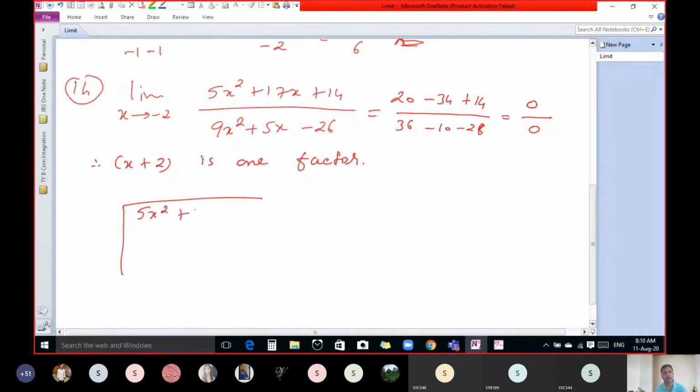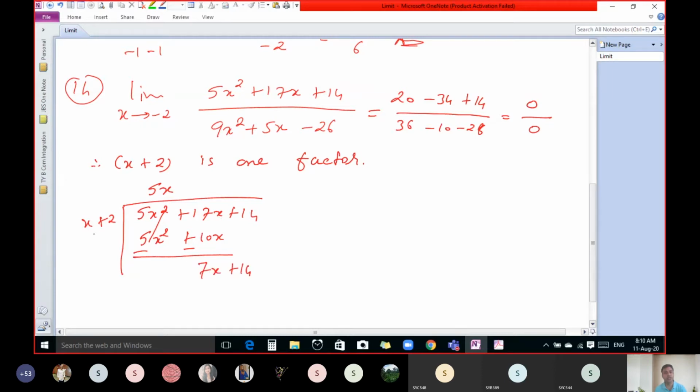Here you write x plus 2. The first term divided by first term, 5x square divided by x, we get 5x. So multiplied by 5x, we get 5x square plus 10x. Change the sign, minus minus. This will cancel. Here we get 7x plus 14.